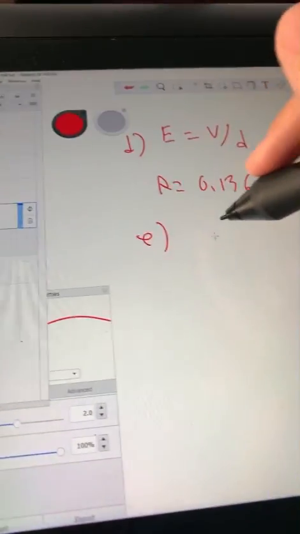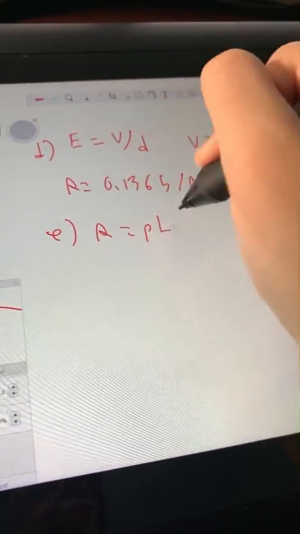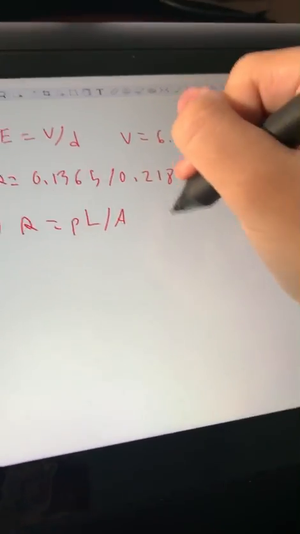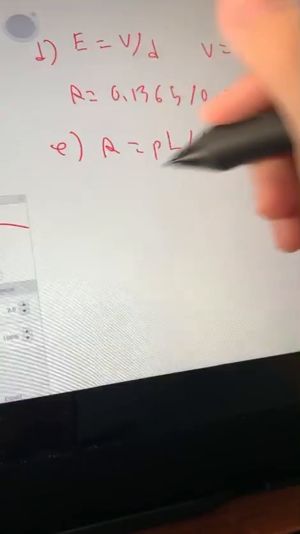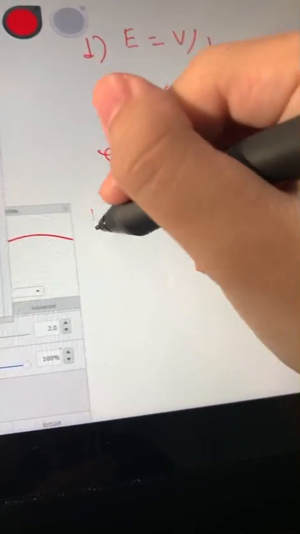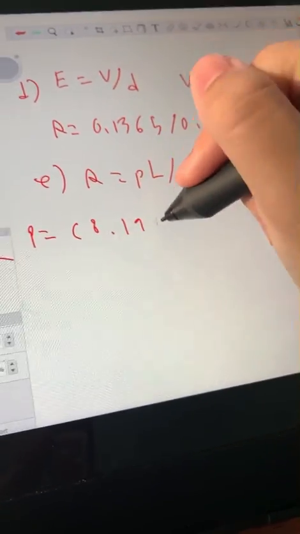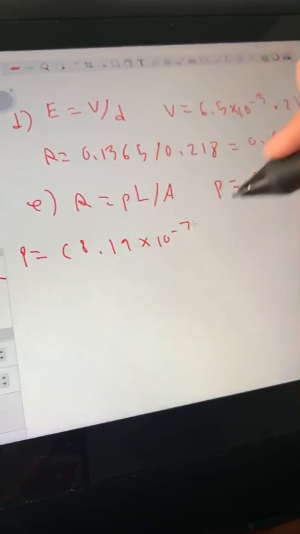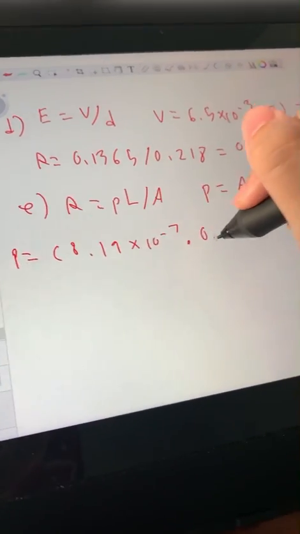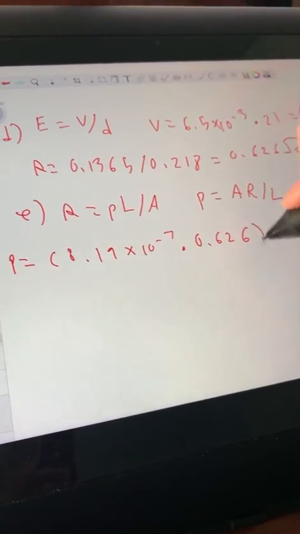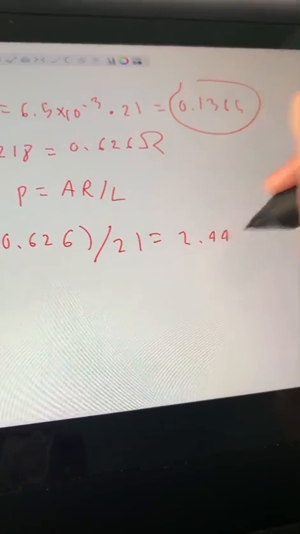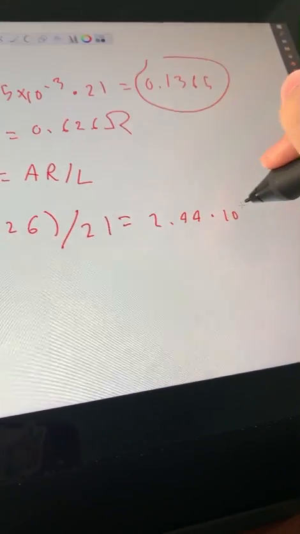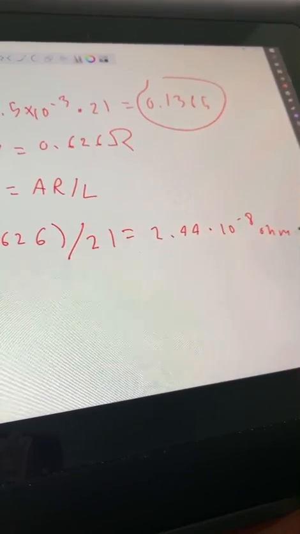So we will take R equals rho L divided by A, and since we want to find the resistivity, it'll be rho equals A R divided by L. So plugging in our values, we have rho equals 8.19 times 10 to the power of negative 7 times 0.626, and we'll divide all of this by 21, and our answer will come out to 2.44 times 10 to the power of negative 8 ohm meters.